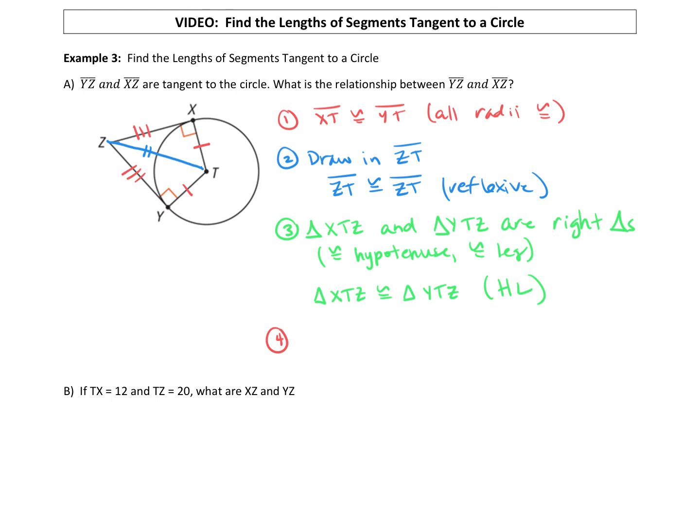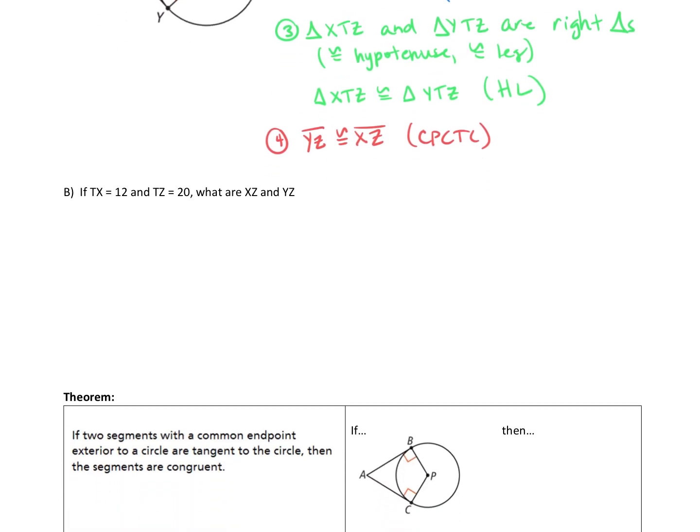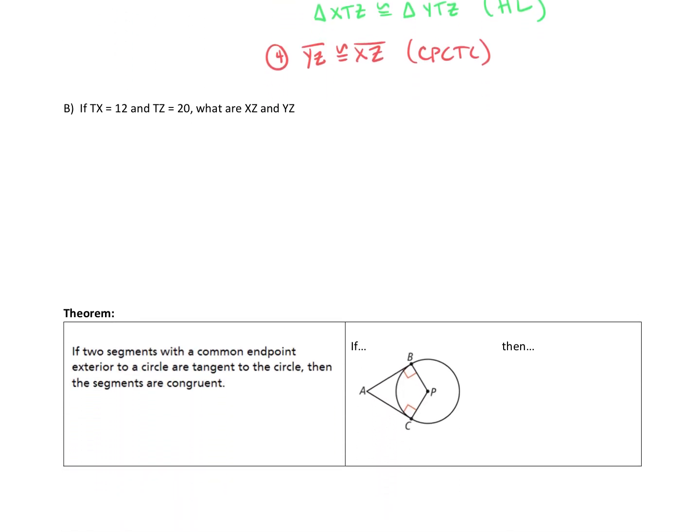So that means that YZ is congruent to XZ because of CPCTC. All right, so now anytime that we have two tangents that share an endpoint, those segments we know are congruent every single time. So we can apply that knowledge.